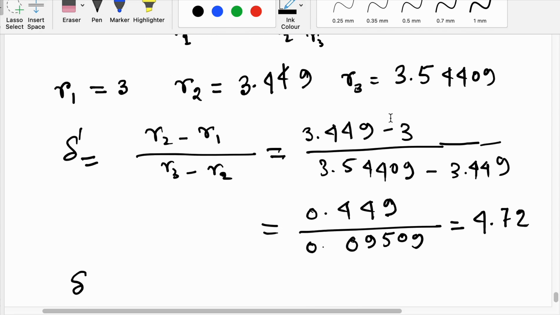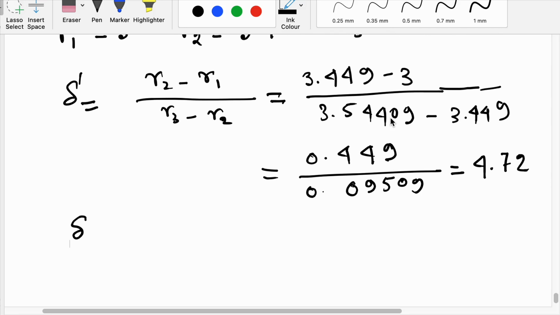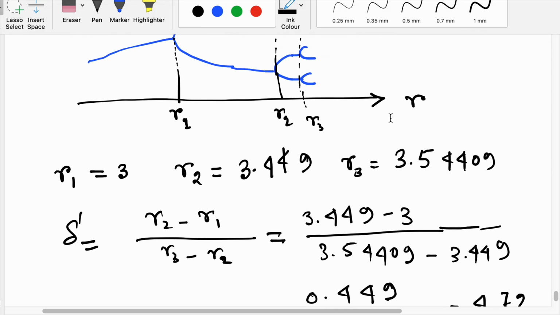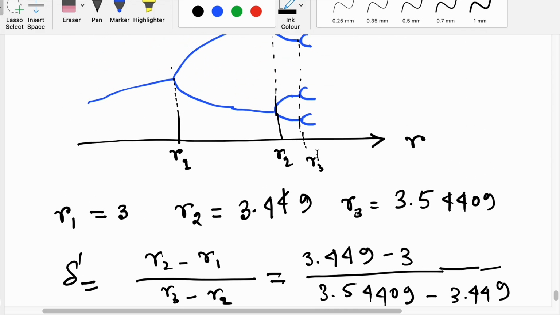So that's the story you will look upon in this book. Now, what is the thing we are talking about? The series, the difference between R2 minus R1.